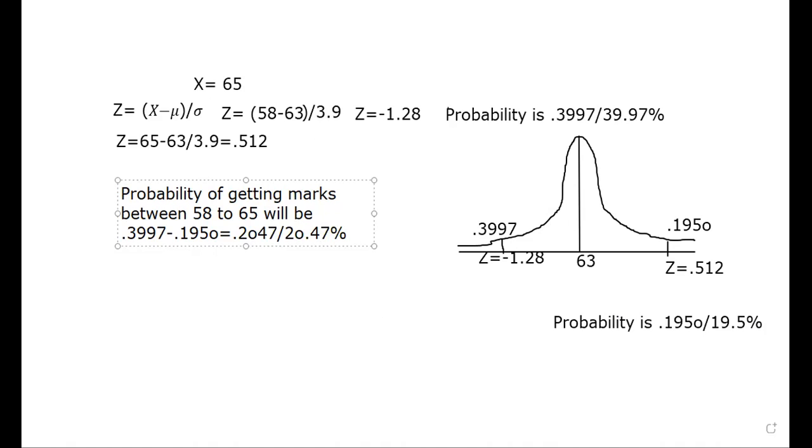So first, we have the area under the probability distribution. The first requirement was the area under here.